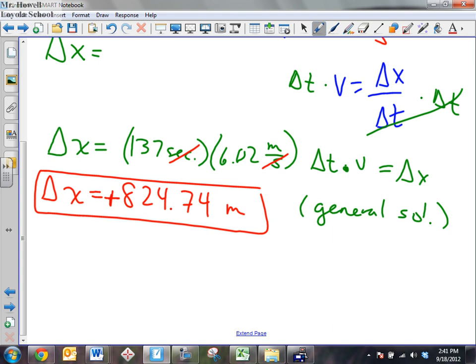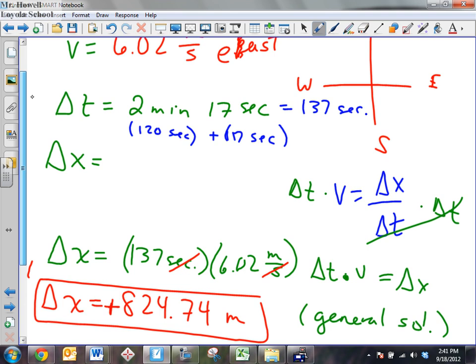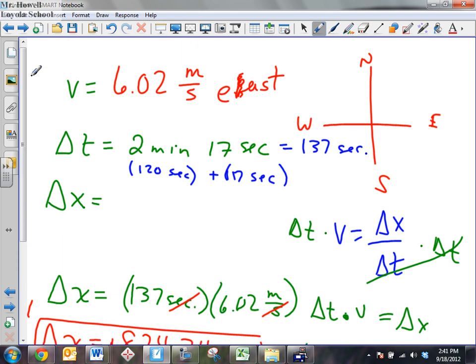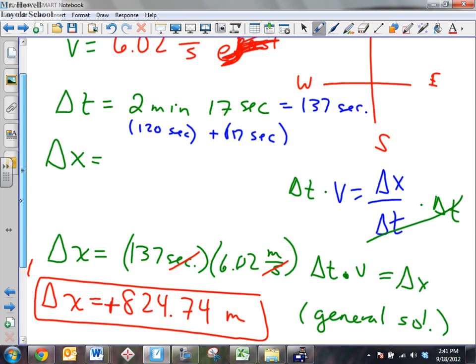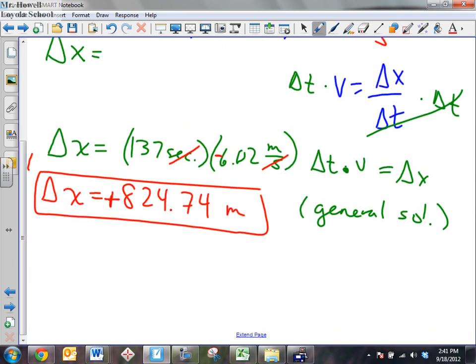Negative. Very good. Had the problem said west instead of east, we would have had to put a negative in front of the 6.02, which would have given us a negative answer there. If it had said west.